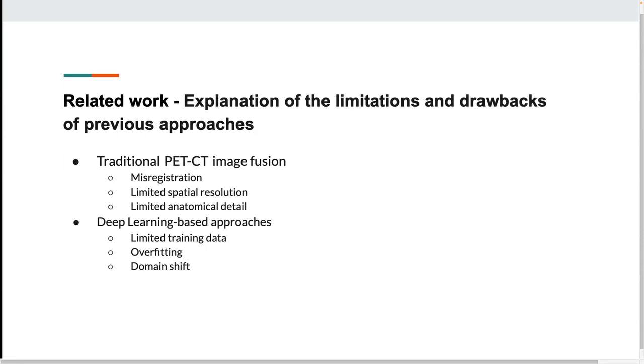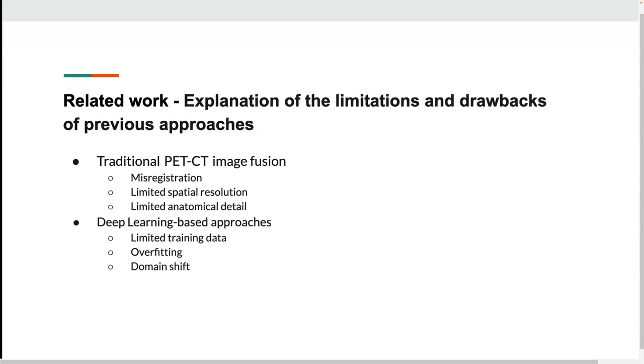The other problem with traditional PET-CT image fusion is the limited anatomical detail. Basically, PET images primarily provide functional information, while CT provides anatomical details. CT provides the structure of the bones, the structures of the head, or any organ like that.